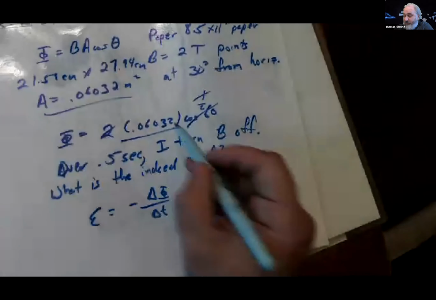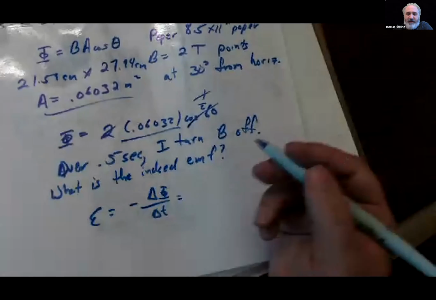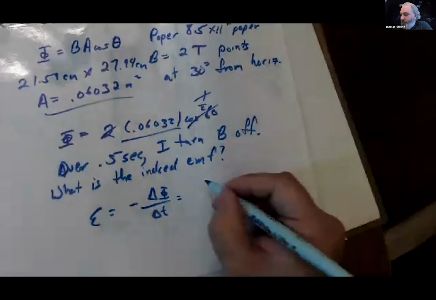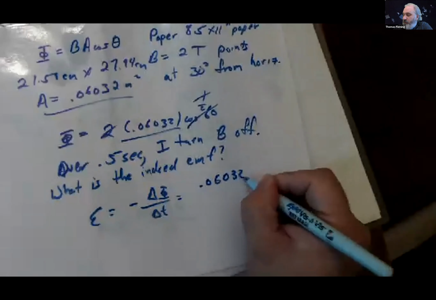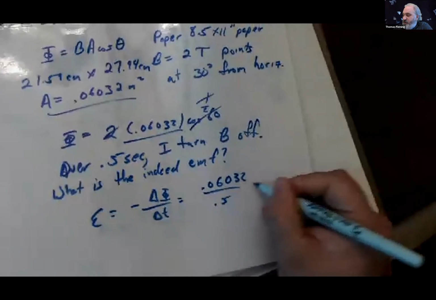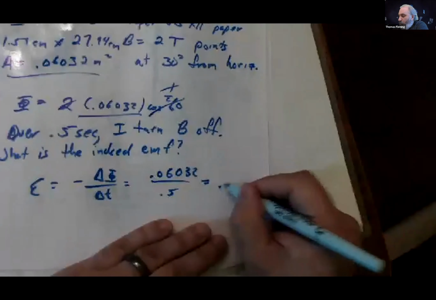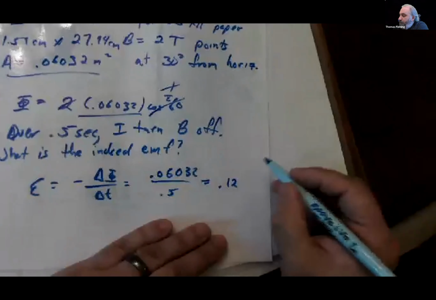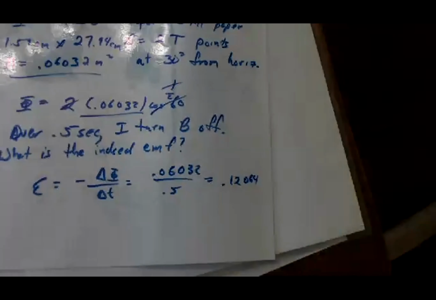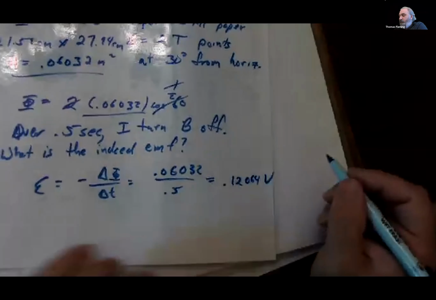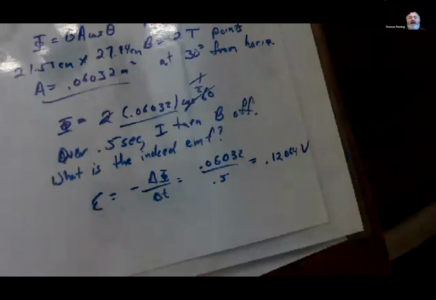So the change is going to be this, and it's going to be negative because it's going down. So it's going to be positive 0.06032 divided by 0.5, which, as Wilson pointed out, is going to be 0.12 something. Yeah, 0.12064. And that's a voltage in volts. So that gives me the magnitude of my EMF.